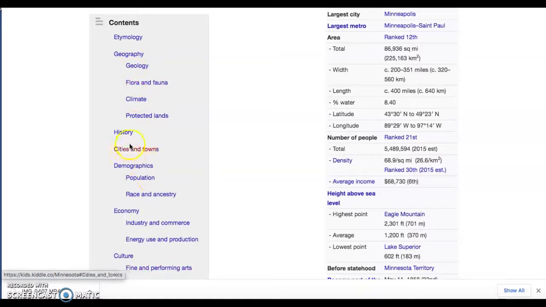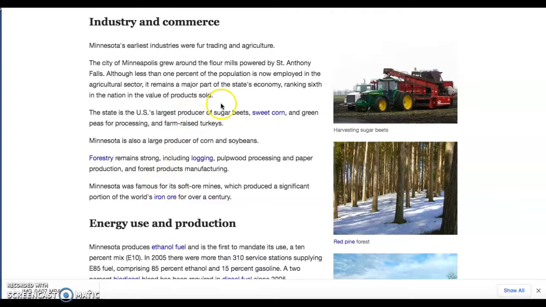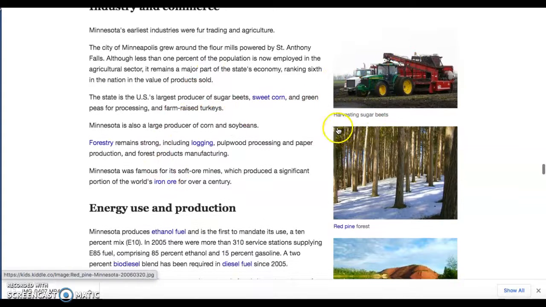We want to look for what kinds of jobs we have here. Sugar beets, sweet corn, green peas for processing, and farm-raised turkeys. That's kind of the same information we found on the other page.